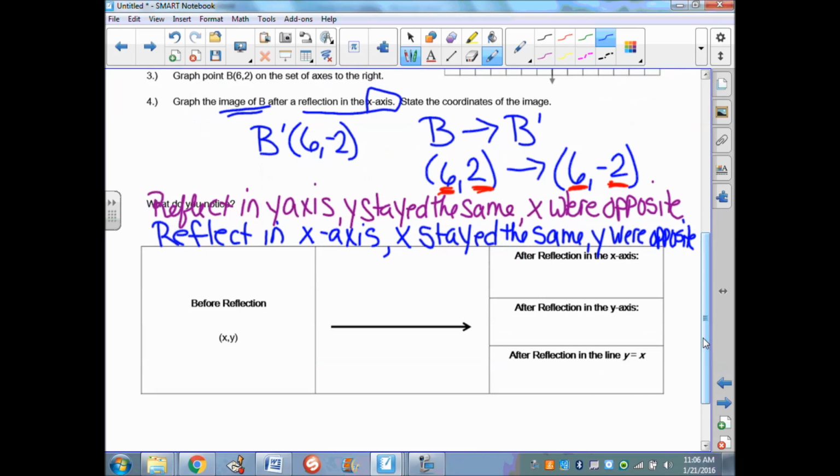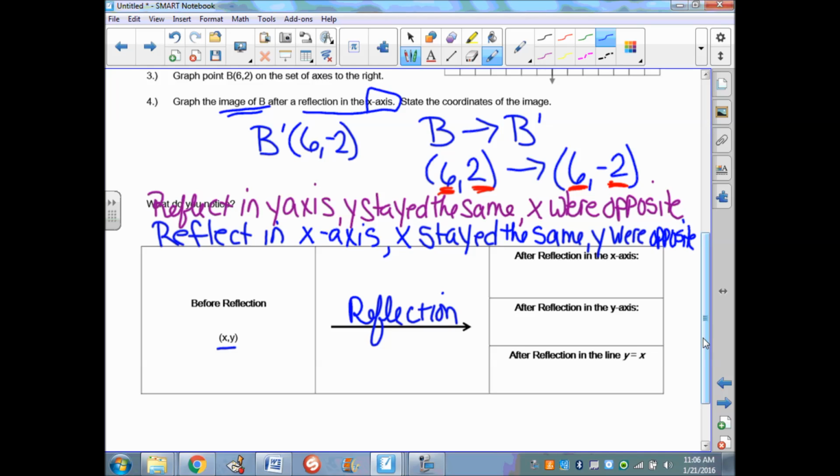Okay, so now let's summarize here. Before the reflection, our point was just plain old x, y. And then when we did any type of reflection, what happens? After a reflection in the x-axis, how does our point change?